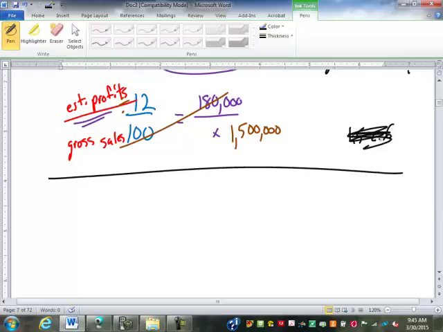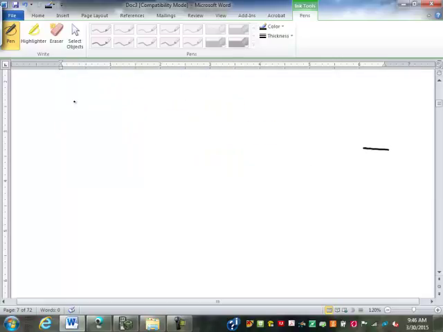However, the proportion is a little tedious, and if you have a calculation that you're doing over and over again, it can be useful to use that rate method or that equation that we talked about. One example of this is commission.